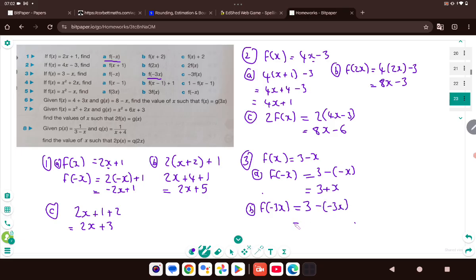Again, if I simplify that, a minus and a minus is a plus. And C, we've got negative 3 times your function. Minus 3 times 3 is minus 9. Minus 3 times negative x is positive 3x.